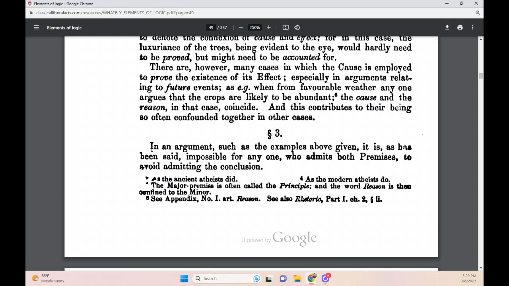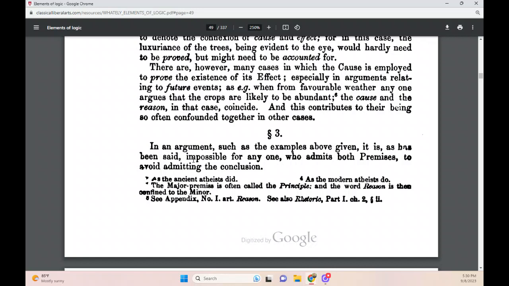Once we understand how reasoning works, we talked about the syllogism in the last lesson, how our minds actually come to conclusions from premises, it's easy to understand that if the premises are true, and we have a real, not an apparent syllogism, but a real syllogism, the conclusion must be true.